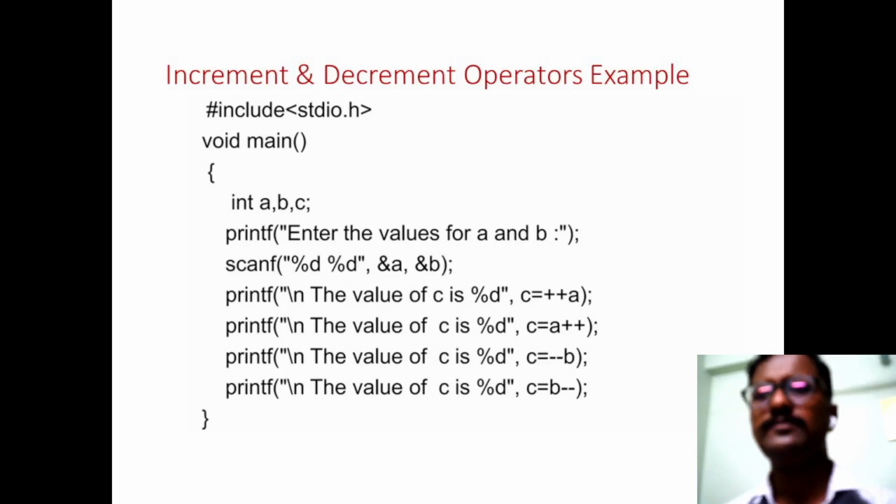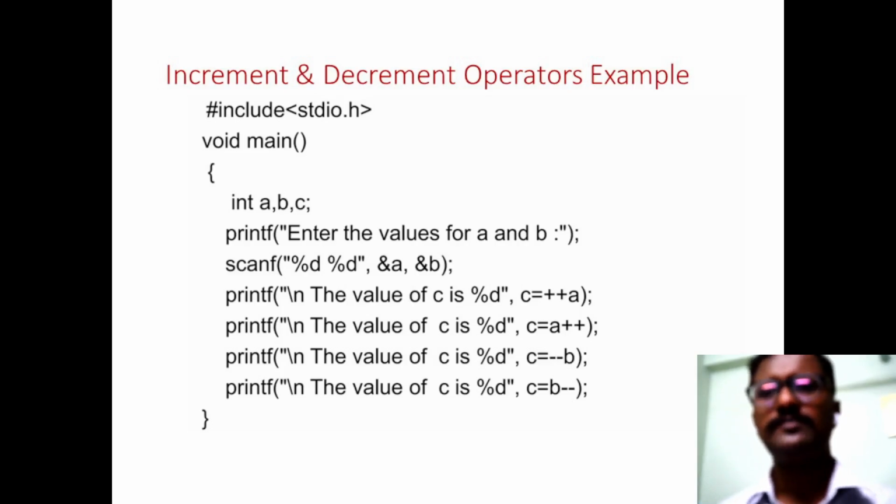Okay, this is a sample example. First two lines, you know about the include directive, the standard input output library functions, and the main function declaration. The variable declaration happens here. What variables are given here?